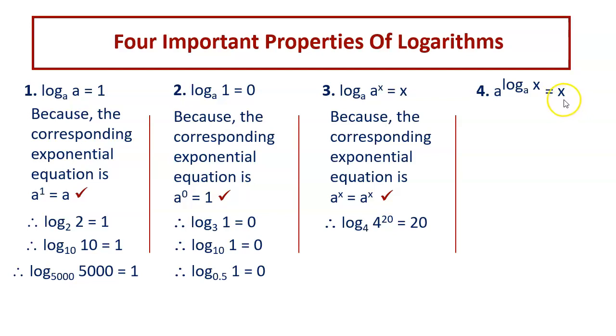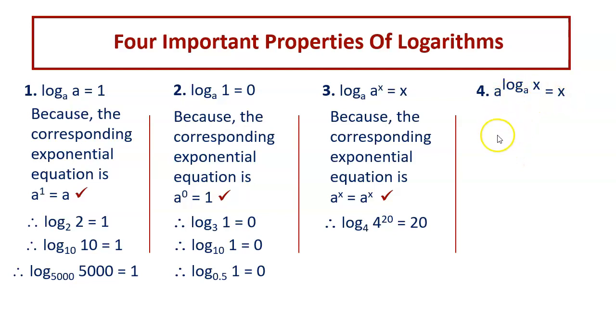Answer is x. B, P, A. B stands for base, P stands for power, A stands for answer in the exponential equation. This will get converted to BAP for the logarithmic equation. B will be the base, the answer becomes the argument, and P, the power, becomes the product or result.